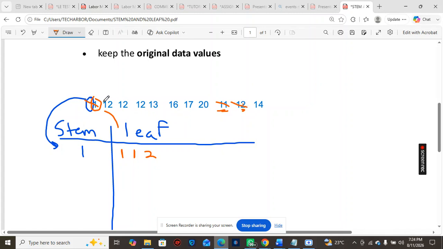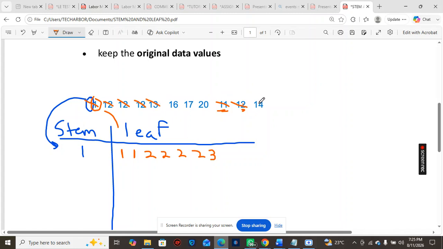We have another 12. You put a 2 here. Another 12, you put a 2 here. Another 12, you put a 2 here. Then we have 13. So listen, we put a 3 here. Another 13, and you have to put the numbers in order.